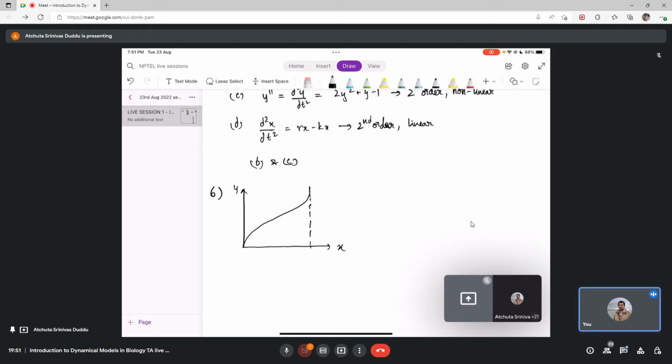Identify the correct ODE. So they have given us three ODEs: A, dy by dx equals 2 plus y; B, dy by dx equals 1 plus y square; and C, dy by dx equals y power 4.